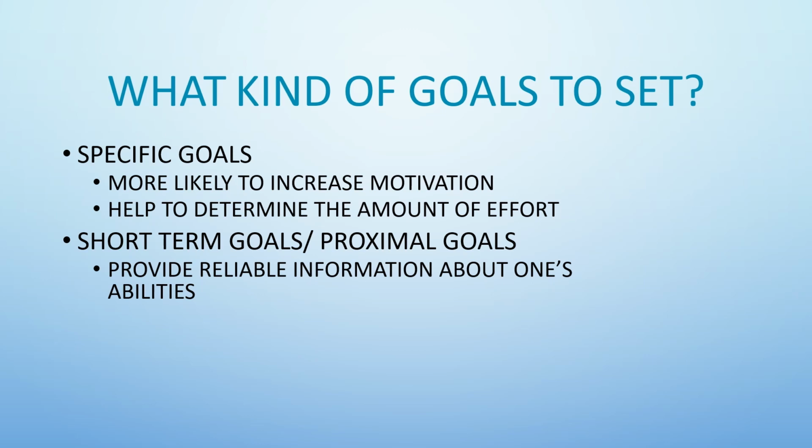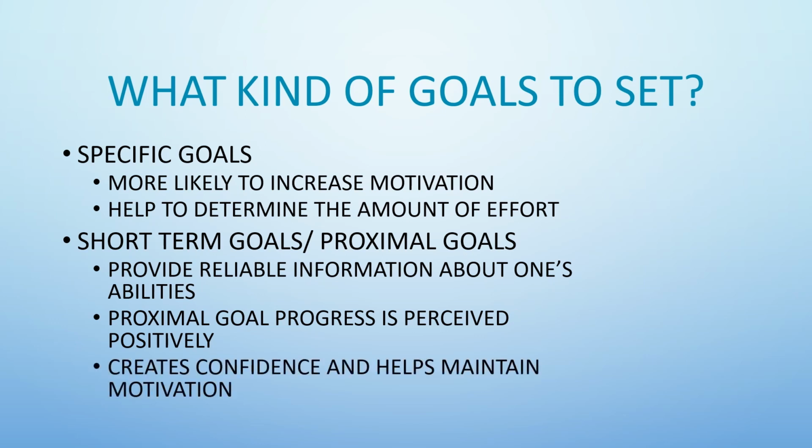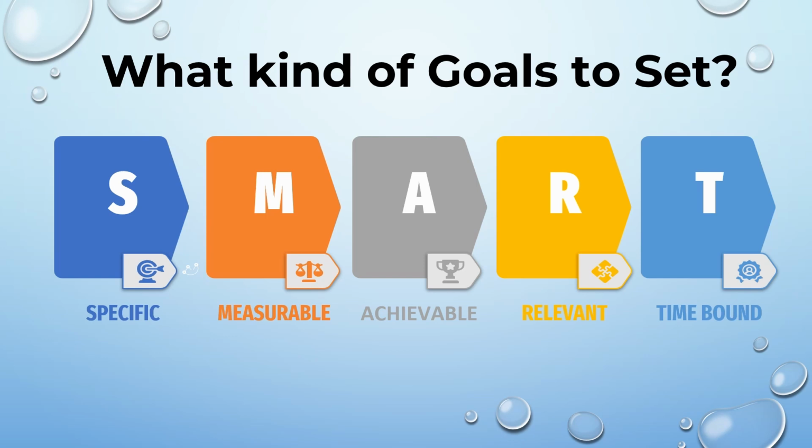These provide reliable information about one's abilities. Proximal goal progress is perceived positively, and this creates confidence and helps maintain motivation. To simply understand, our goals must be SMART: specific, measurable, achievable, realistic, and time-bound.